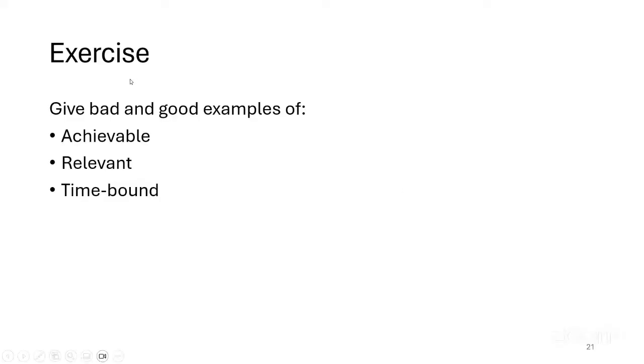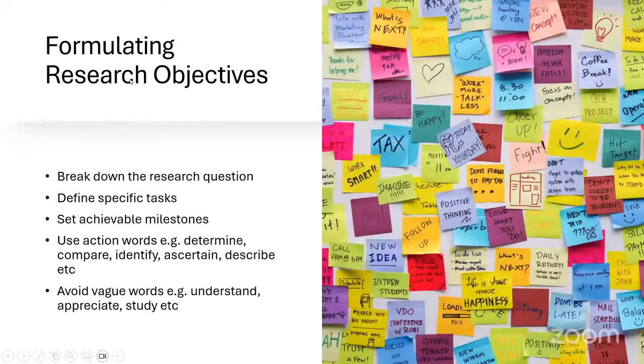Okay, so in formulating the research objectives, it's almost similar to the way you formulate a research question. You break down the research question, you define what specific tasks you want to do. You break it down into specific tasks, you set achievable milestones, then you use action words. This is important.